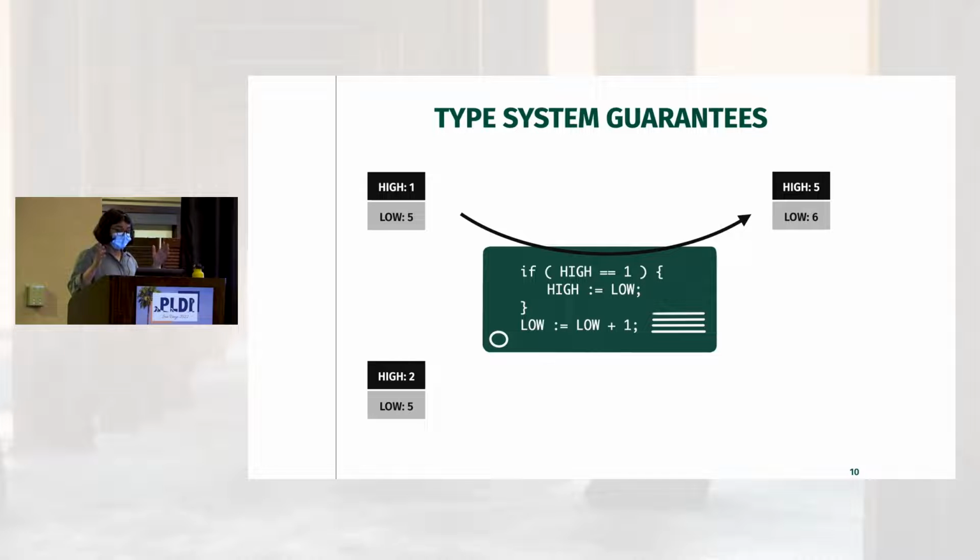Everything's nice so far. But now let's change only the value of the high variables. If the program was well-typed according to your IFC type system, it would guarantee that when you evaluate this program on the input at the bottom, it will still have the same value in the low variable as the first scenario.